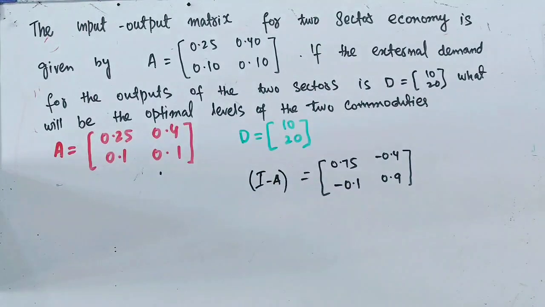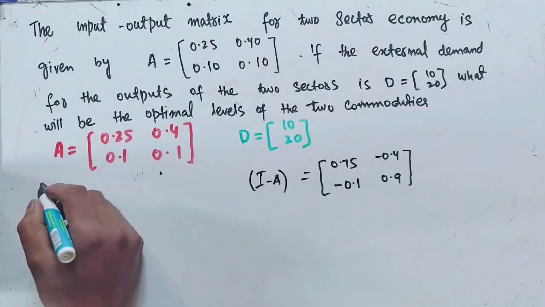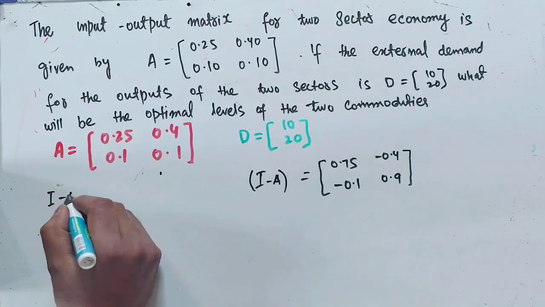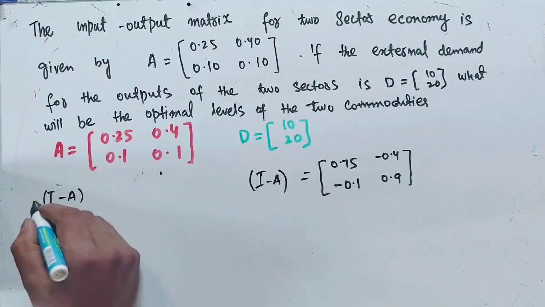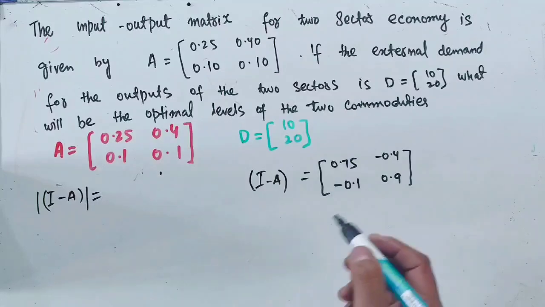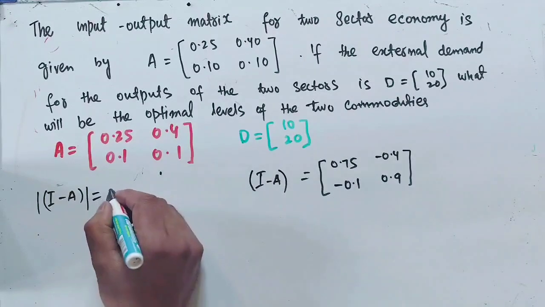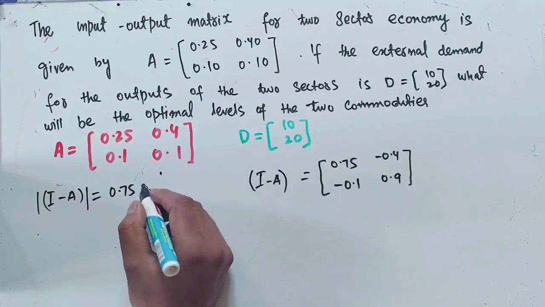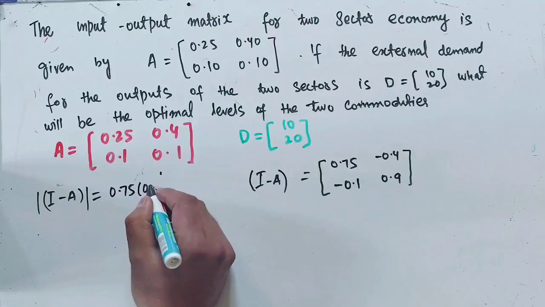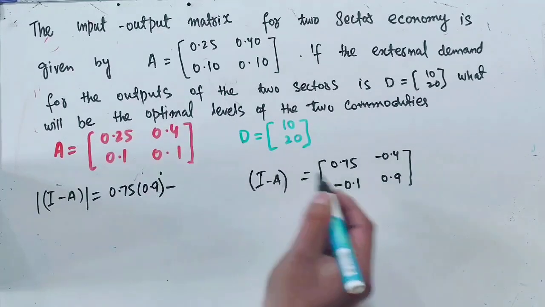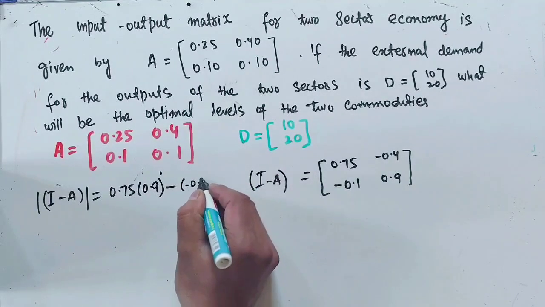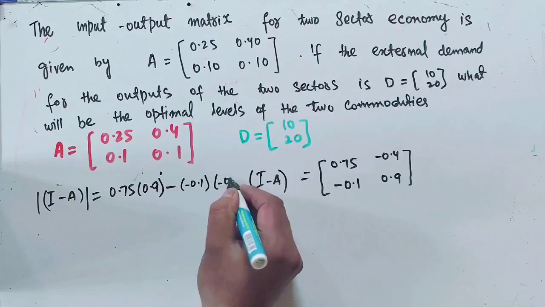Next step will be to find out the determinant of this I minus A, which is the Leontief matrix. Its determinant, as we know, we multiply these two elements first. So we have 0.75 times 0.9. To this we subtract the product of minus 0.1 times minus 0.4.